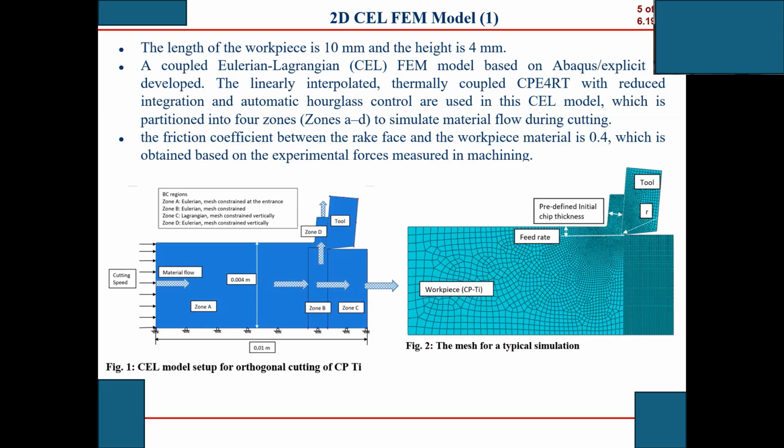F equals MA, right? M is the mass, A is acceleration. If the acceleration is high, MA, the inertial force, will be so high that you cannot neglect it. Make sense? So Abaqus/Explicit is for dynamic problems.